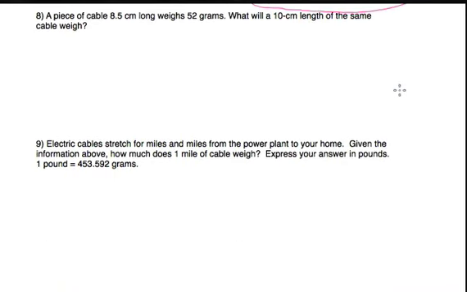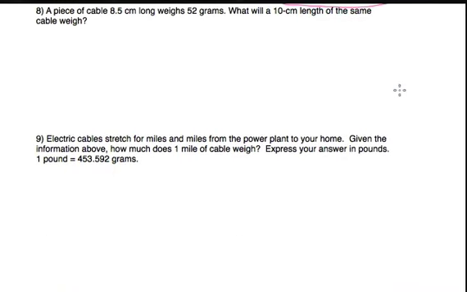Number 8. A piece of cable 8.5 centimeters long weighs 52 grams. What will a 10 centimeter length of the same cable weigh? Uh-oh. I just realized number 9 has a problem with it. Okay, what are we dealing with here? 8.5 centimeters to 52 grams.